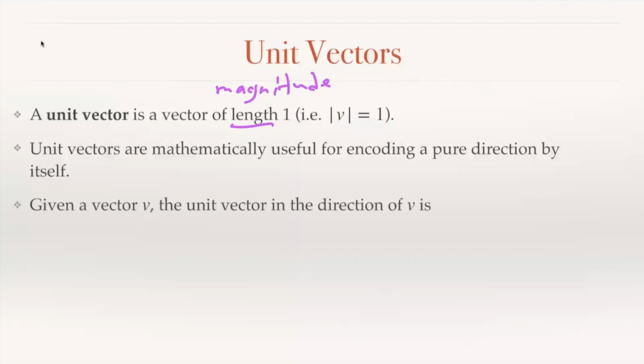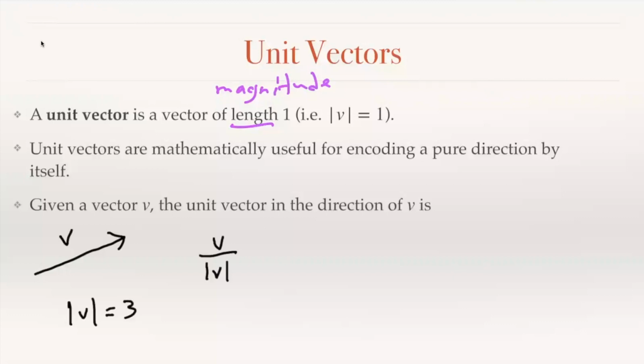And given a vector v, the unit vector in the direction of v is, how can we think about this? Well, we can take our vector v that might not be of unit length, and divide it by the magnitude of v. Let's imagine that here the magnitude of v is 3.